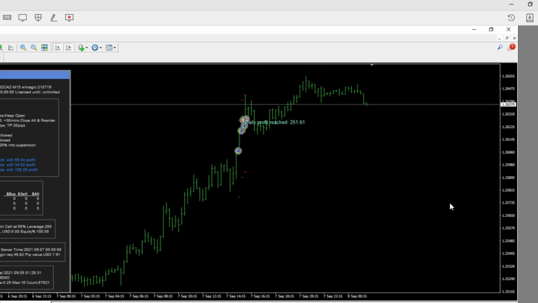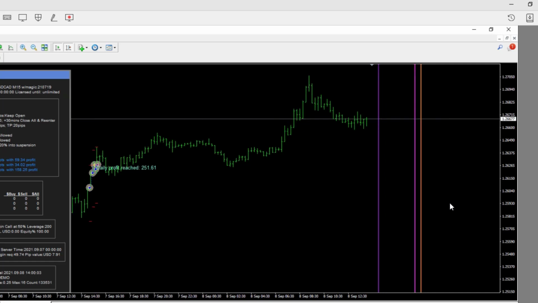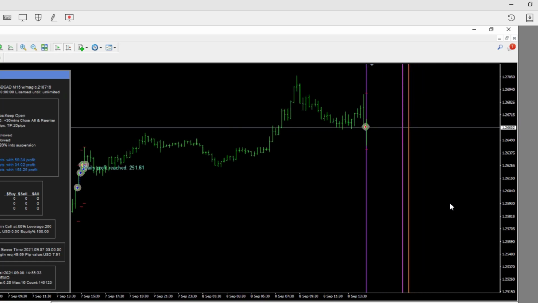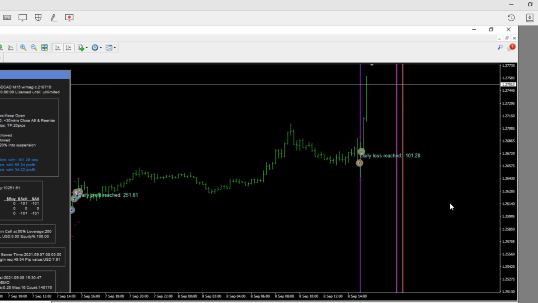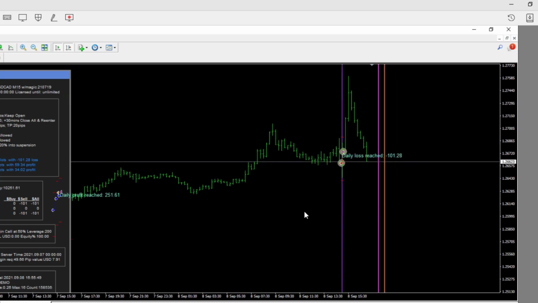Let's have a look at what's going on. Okay, so it's approaching the trading zone for the next one, and there it goes, and it reaches the loss. Now, I'm just going to stop it at that. What this is telling me is that our lot sizing, position sizing, is too big.